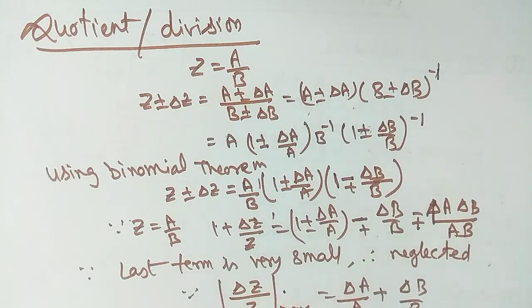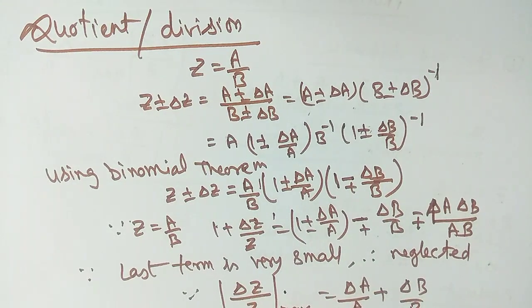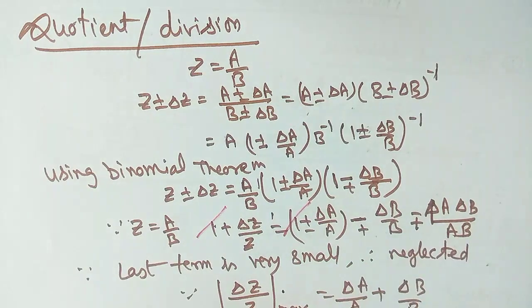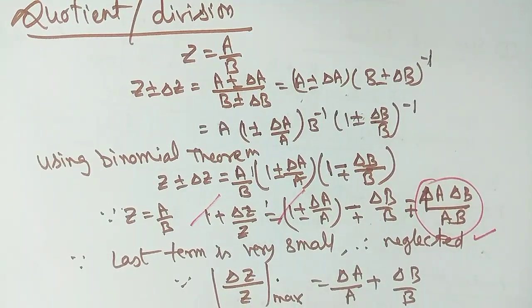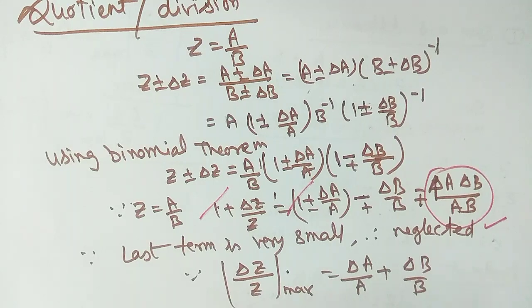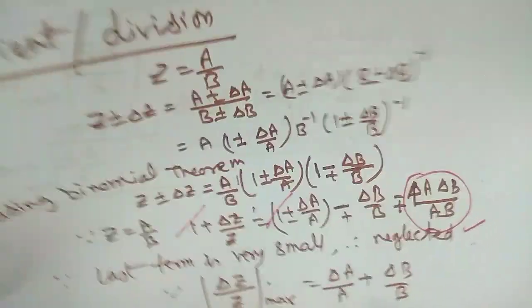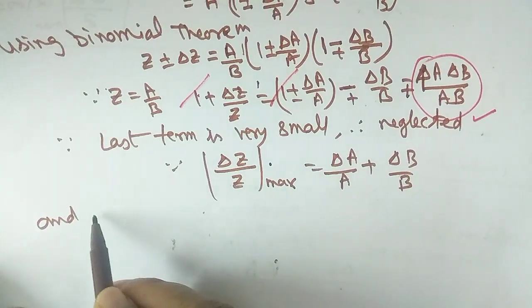The 1 is cancelled here, and this small term is neglected, so you will find only this term. So this is the maximum possible value.